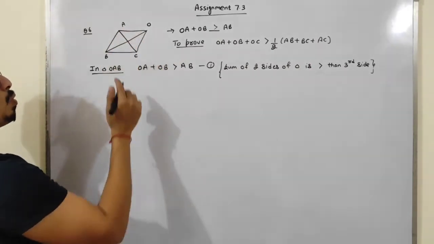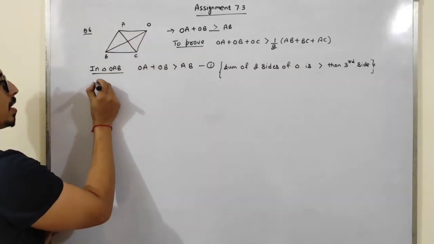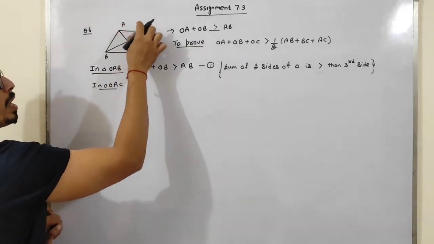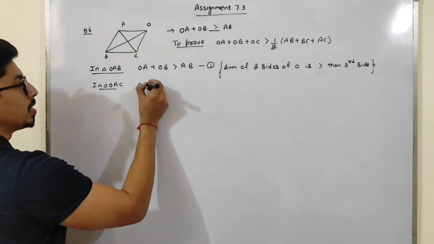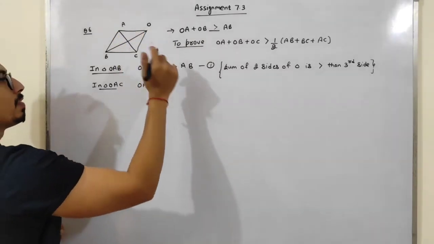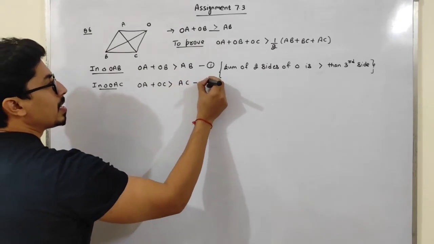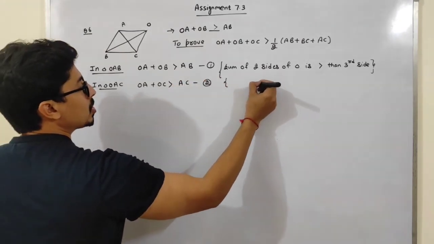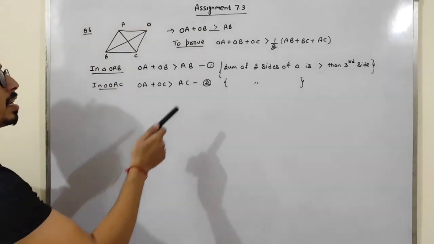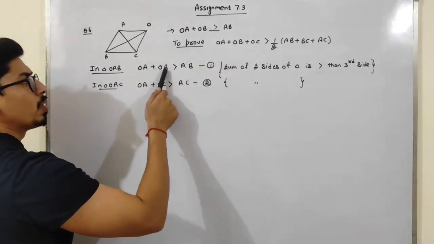So take triangle OAC. So OA plus OC is greater than AC, since the sum of two sides of a triangle is greater than the third side. Equation 2.